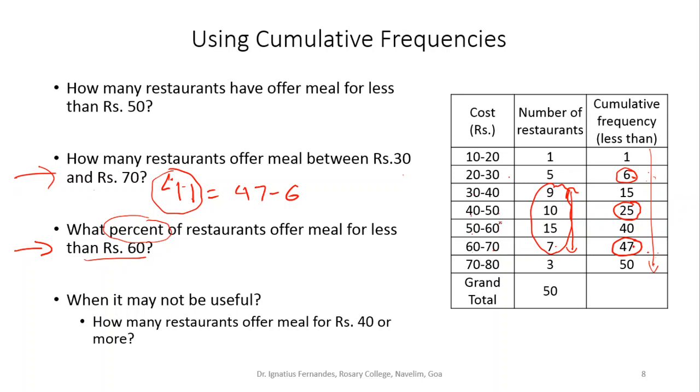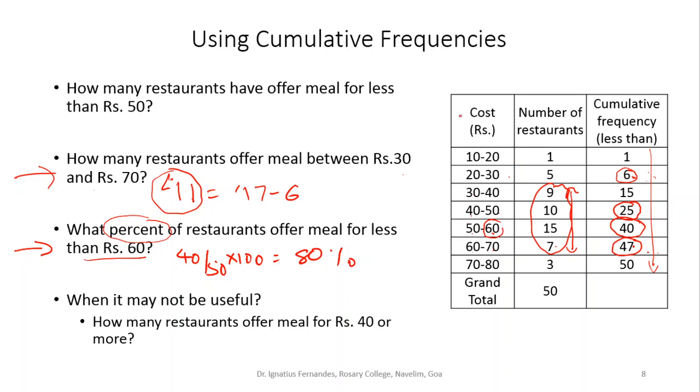To look at less than 60, I look at 40. So there are 40 restaurants which offer meal for rupees less than 60. Because I want percentage, I'll divide 40 by 50, multiplied by 100, and I'll get 80%. So there are 80% restaurants which offer meal for rupees less than 60.